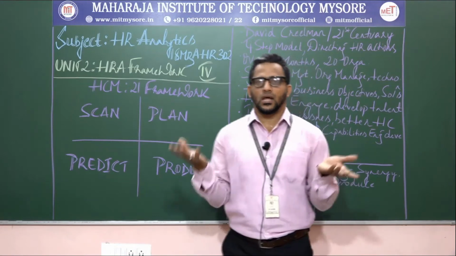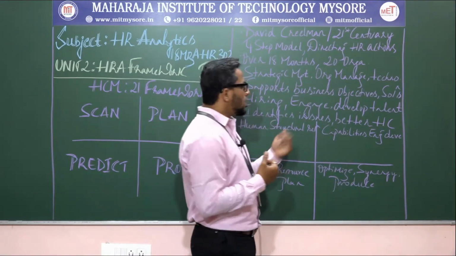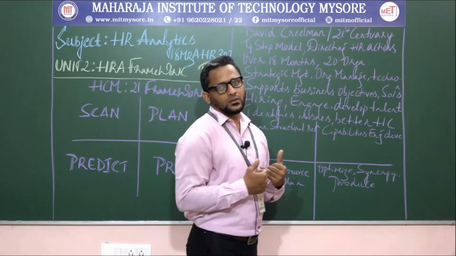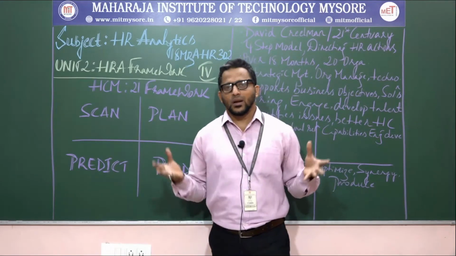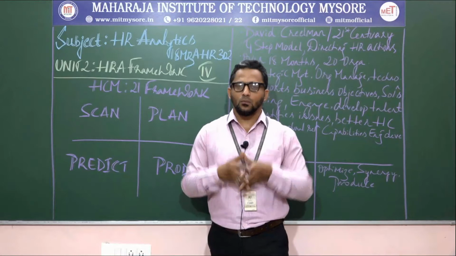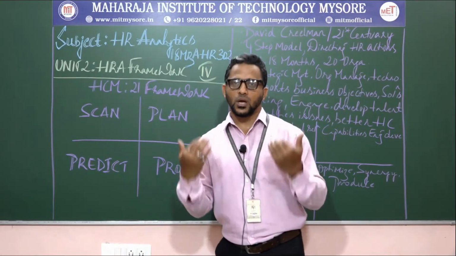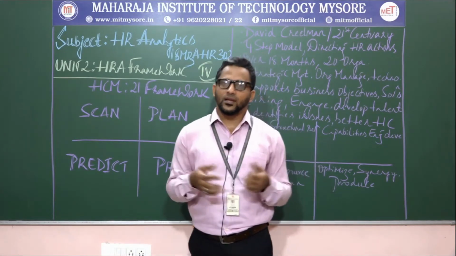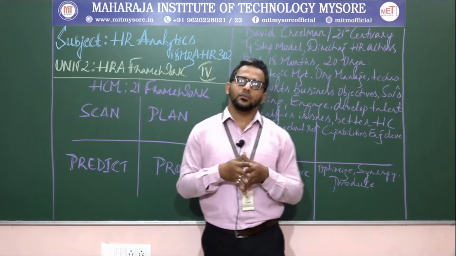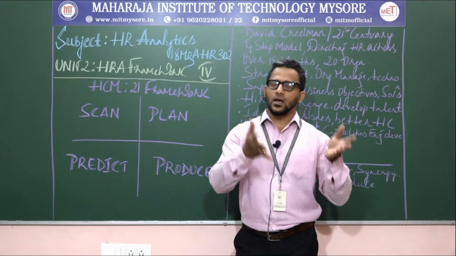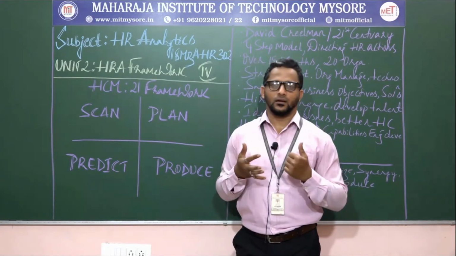And next, better human capital. When I apply this framework, we can have better human assets, so we can manage our human resources, the valuable assets of an organization, effectively, efficiently and impactfully.